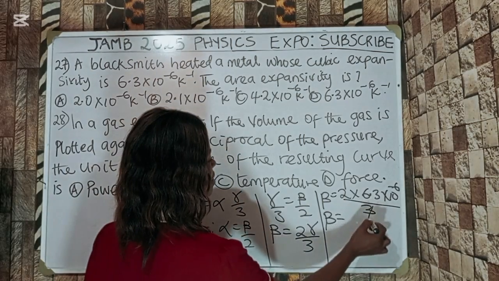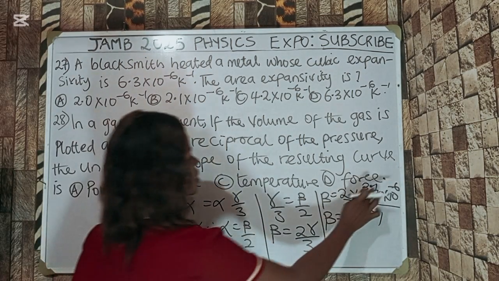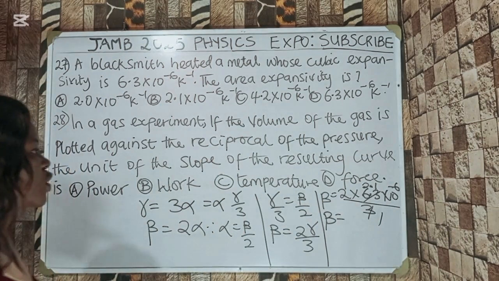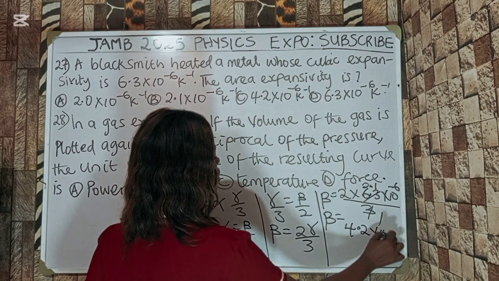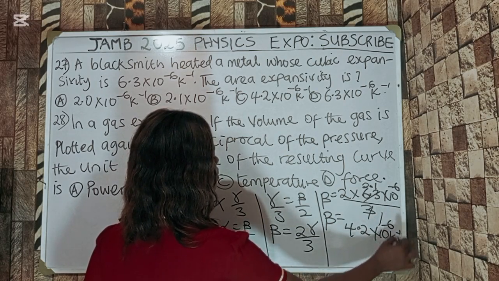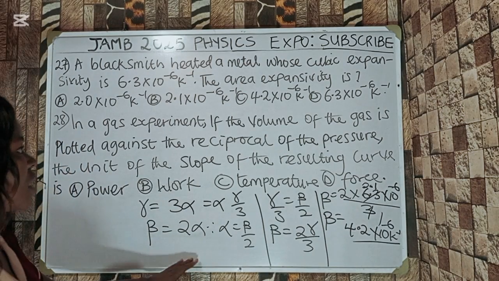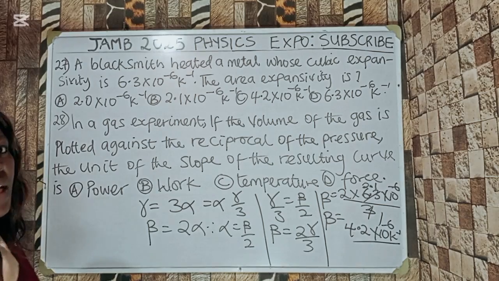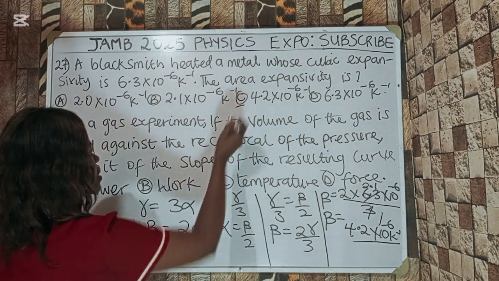When you divide this, it gives 2.1. Then you multiply, and I'm going to have my answer to be 4.2 times 10 to the power of minus 6 per Kelvin. Do we understand? So this is how you can solve it, using the relationship connecting the area expansivity with cubic expansivity, and the correct option to this question is option C.